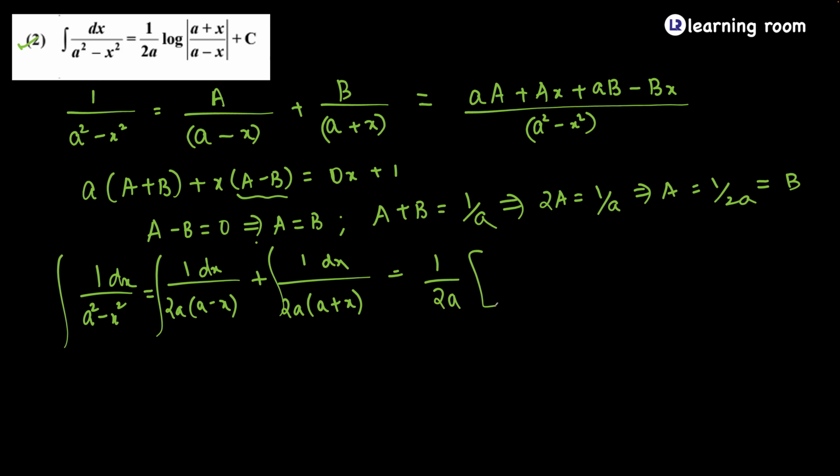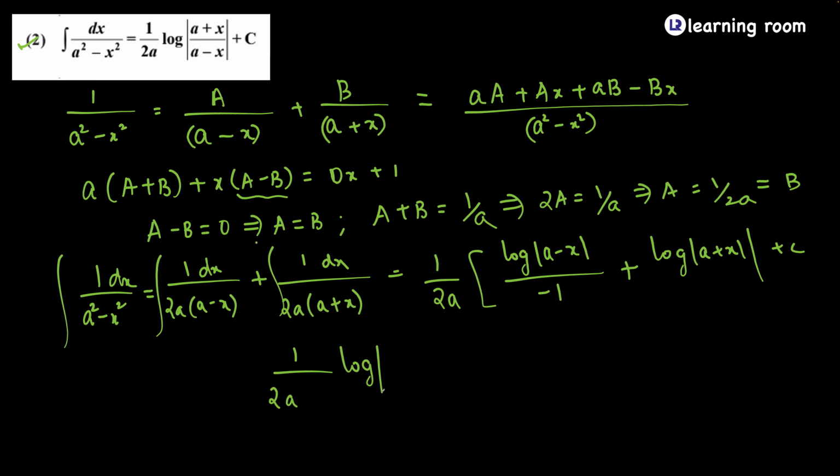What is the integral of 1 by a minus x? It is log of mod a minus x divided by minus 1, because the coefficient of x is minus 1, right? Plus this one will be log of mod a plus x plus c. So what will the answer be? 1 by 2a times log of a plus x is positive, so that will come in the numerator. A plus x divided by a minus x plus c.